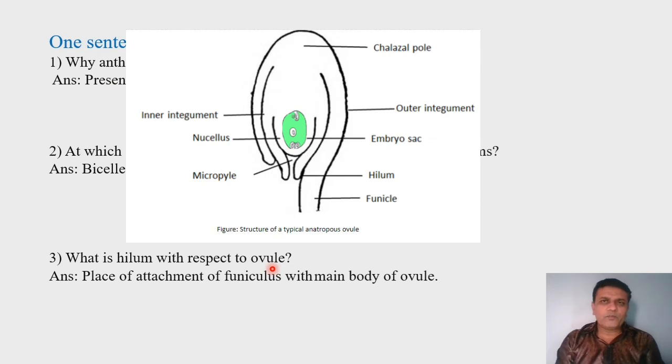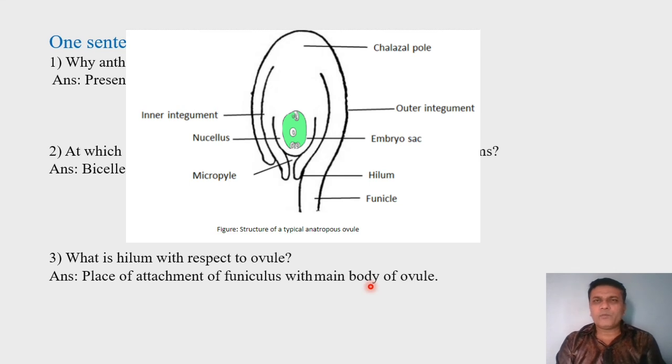In this diagram we can see the anatropous ovule, and the place of attachment of the funiculus or the funicle with the main body of the ovule is called as hilum. So hilum is a place where the funicle is attached to the body of the ovule.